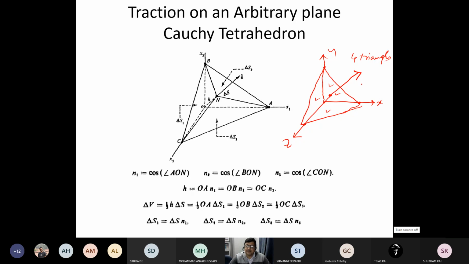Even before applying the force, if this is the surface, there is an arbitrary direction, which is the normal to this particular surface, the capping surface at the top. I just define that to be the normal. Right? So now you look at this particular geometry.